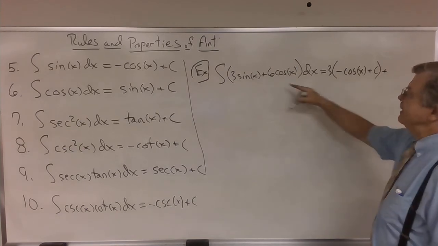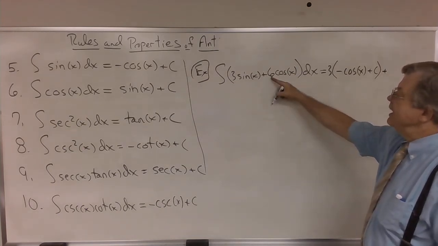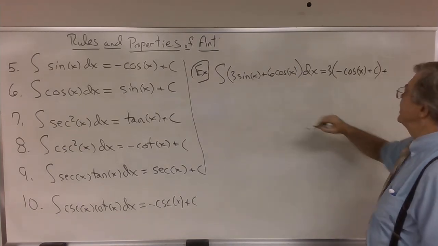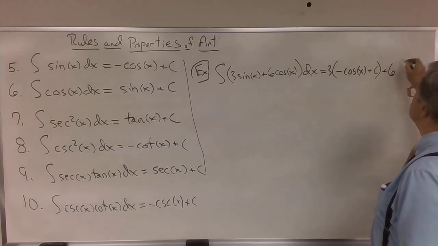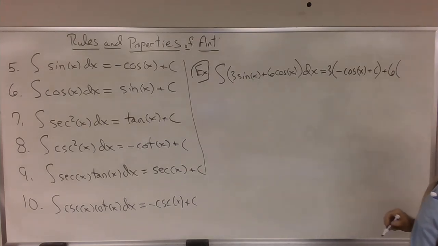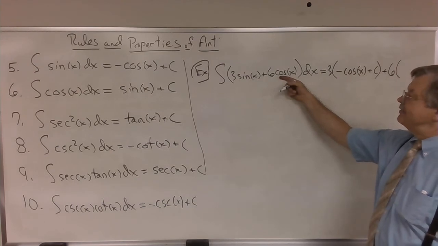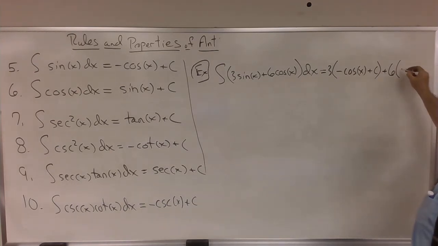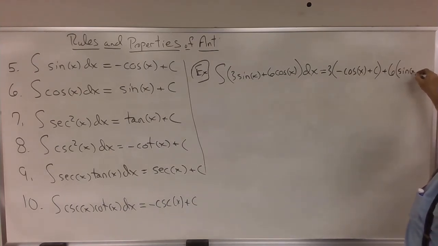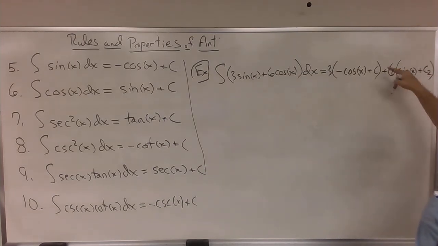And then we go to the next term. It's the antiderivative of a constant times a function. So we have 6 times the antiderivative of cosine of x, which is sine of x plus some other constant. So I'll call it C2, and I'll call this constant C1.